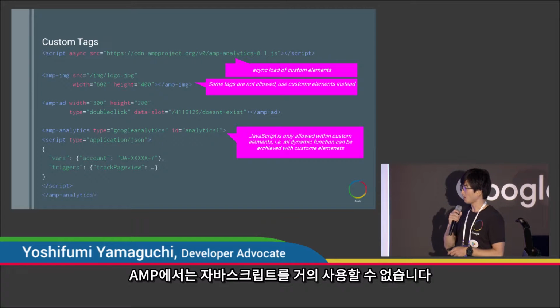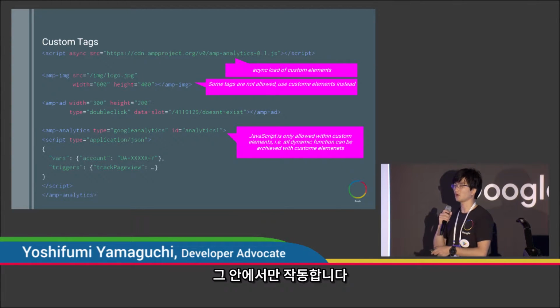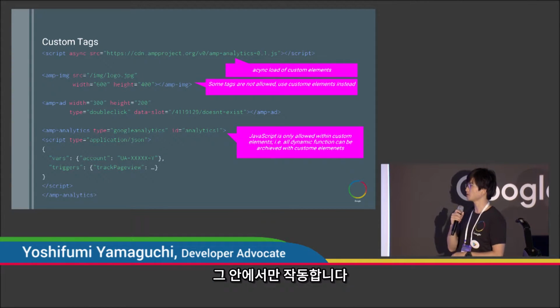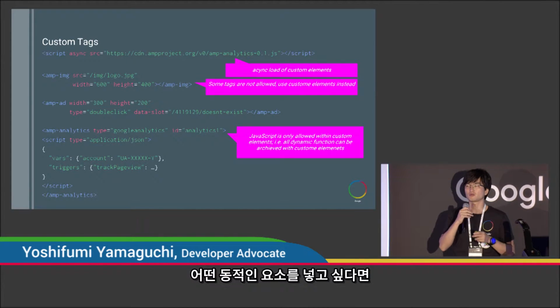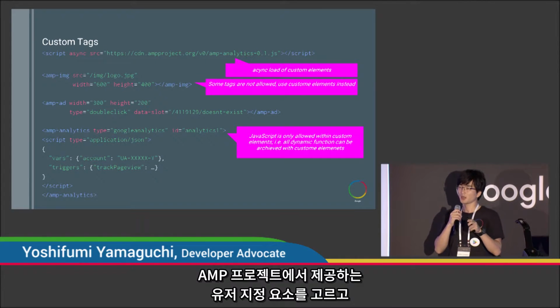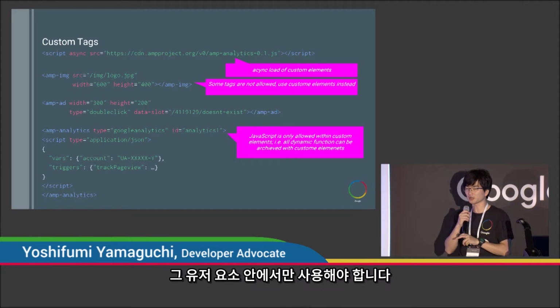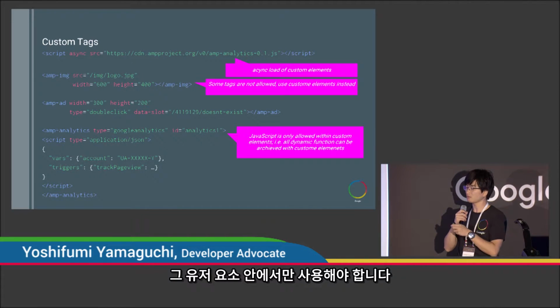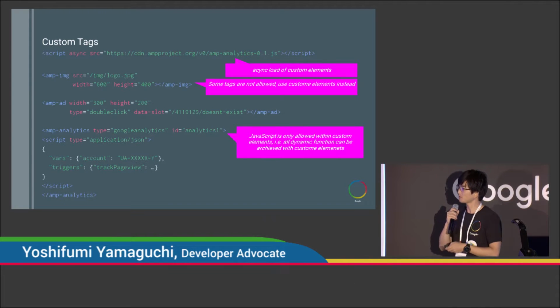In AMP, JavaScript is really restricted, and it can be written only inside a custom element, and works only inside a custom element. So if you want to achieve something dynamic, you need to pick the custom element provided by the AMP project, and then you can just use that custom element.